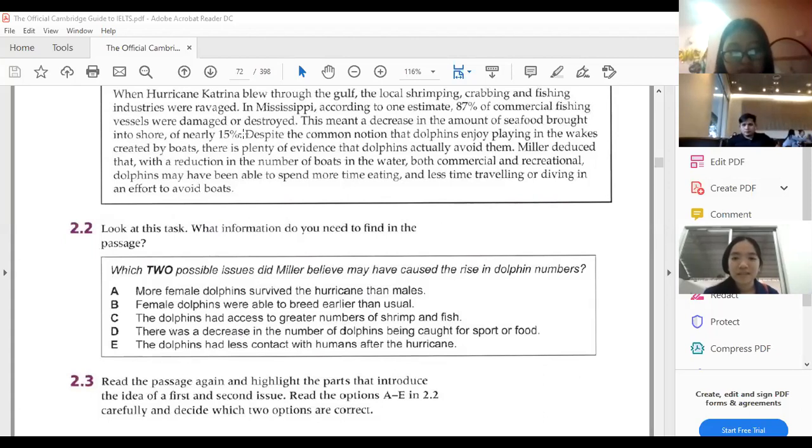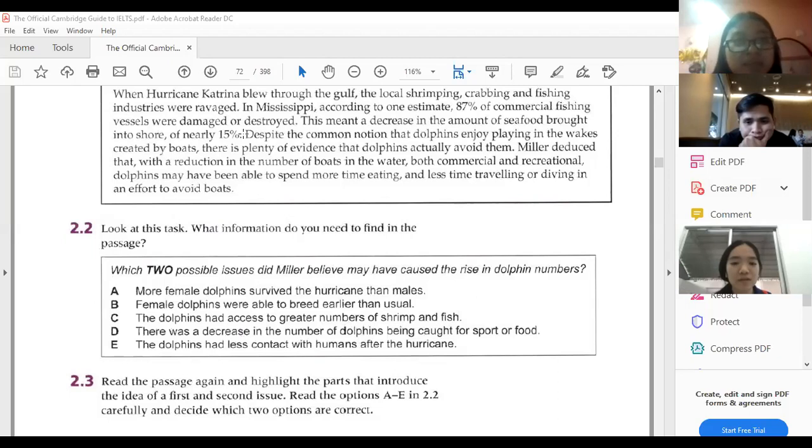Can we say that, or is it still not clear yet? I'm not sure. You're not sure, all right? What about the next person? Can C be the answer if we read from 1 to 15%?